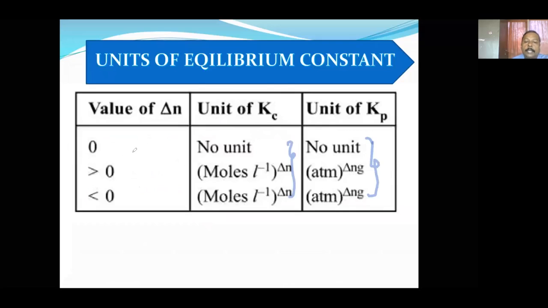They don't have units only when delta n, the number of moles of product minus the number of moles of reactants, is zero. When they are different, they are going to have units. So for greater than 0, this is the formula; for less than 0, this is the formula. You can write and practice. Nowadays, these questions are very rare. I don't think this type of questions they will ask in the near future also.